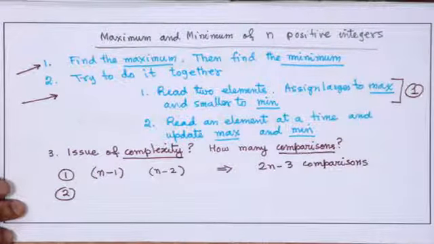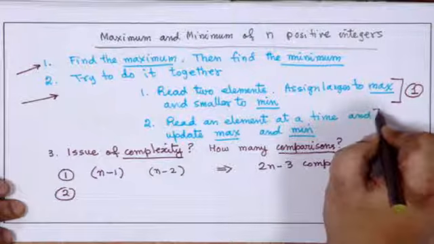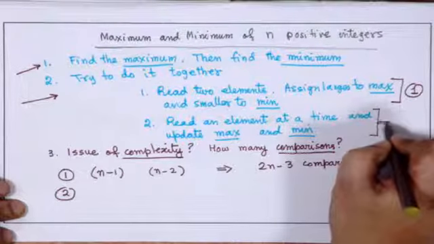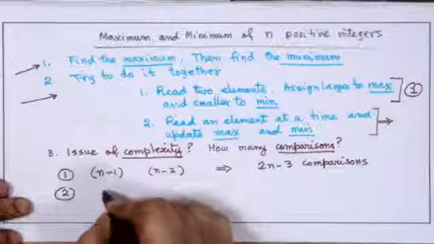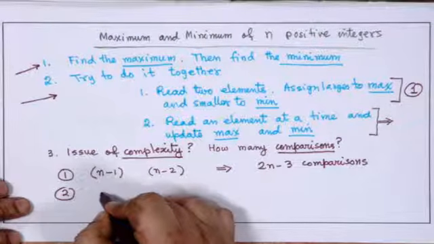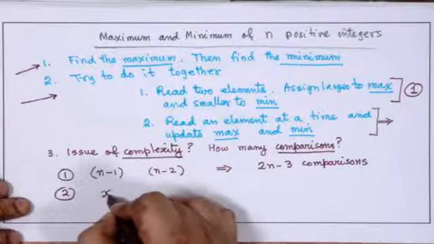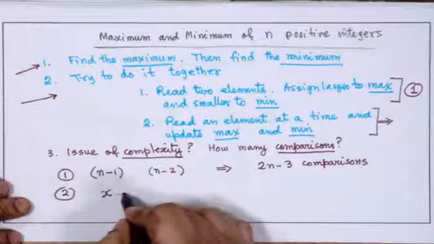They would read two elements, they would require one comparison to assign max and min, and then when they come here, then in the worst case at every step, how many comparisons would they take? What would they have to do? They would have to read an element, they would have to take the element x, compare it with max.